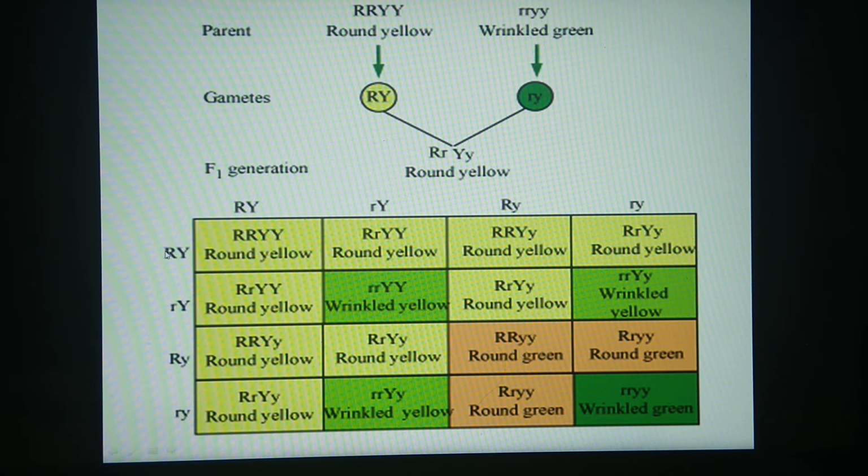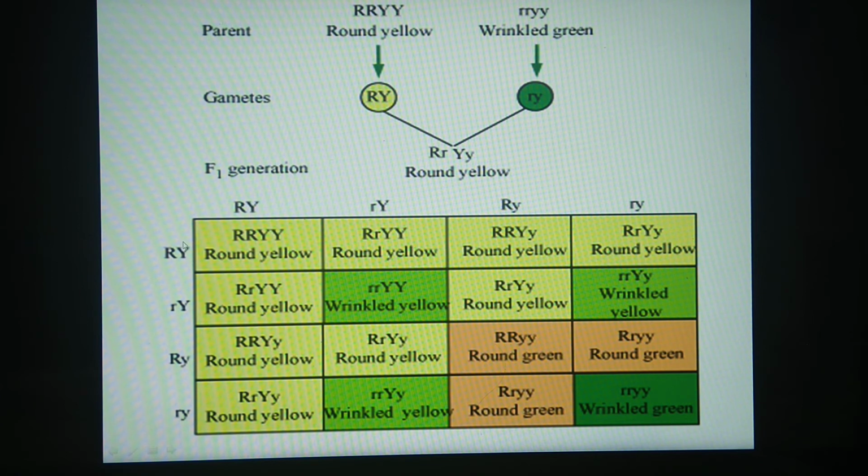When this gamete fuses with this one, there will be a combination of capital R with small r and both dominant condition for the yellow color of the seed, and because of that the phenotype will be round yellow.